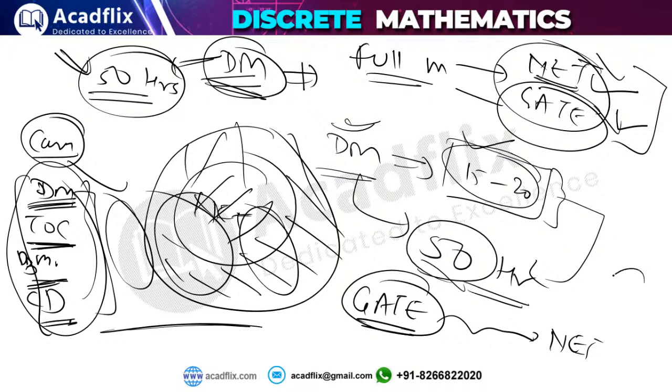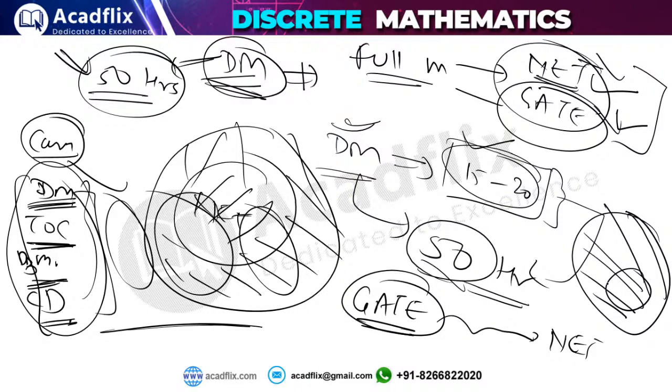You can think like this: NET is a subset of GATE. If you are able to solve GATE questions, then NET questions will automatically be over. So these 4 subjects, I can promise that we will study from the GATE point of view, so that you can get full marks in the NET exam also, in the GATE exam also.